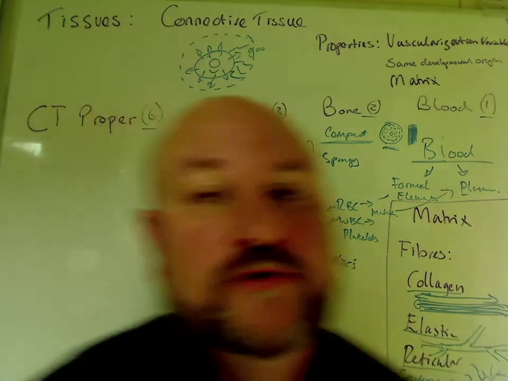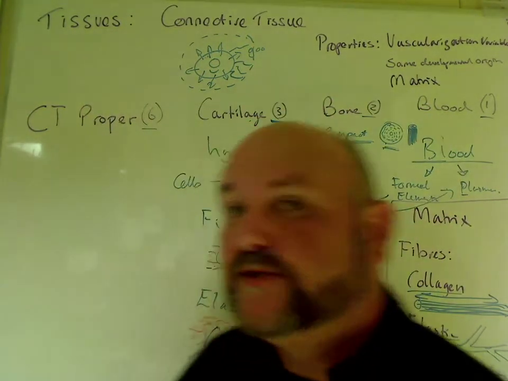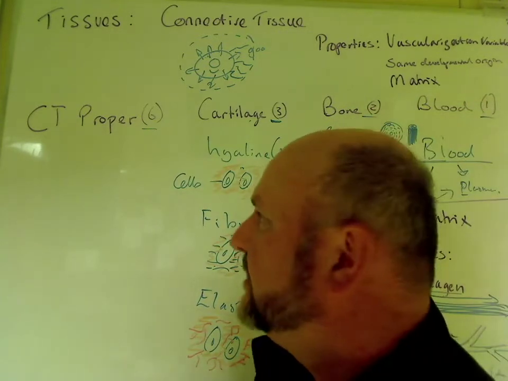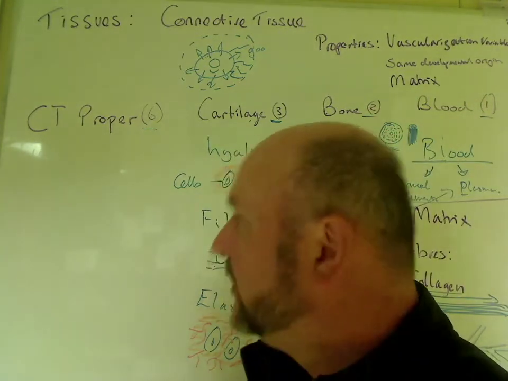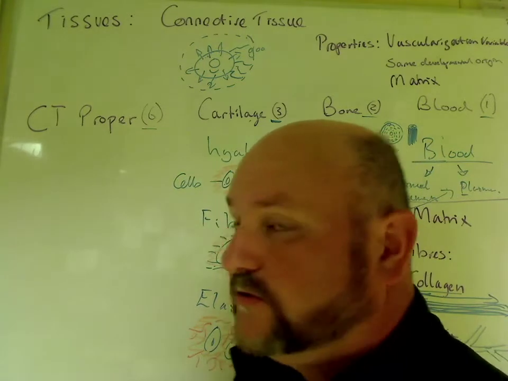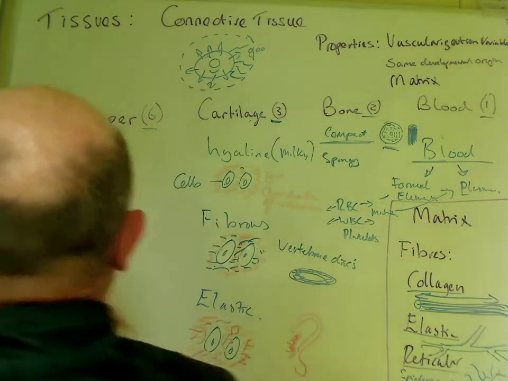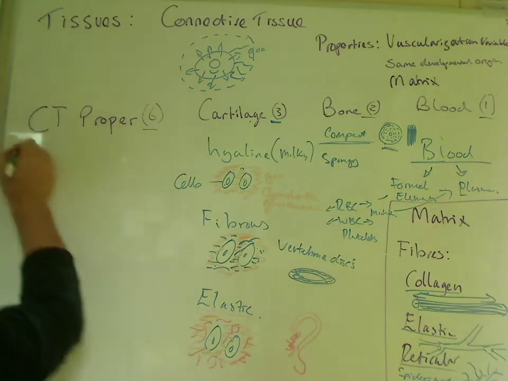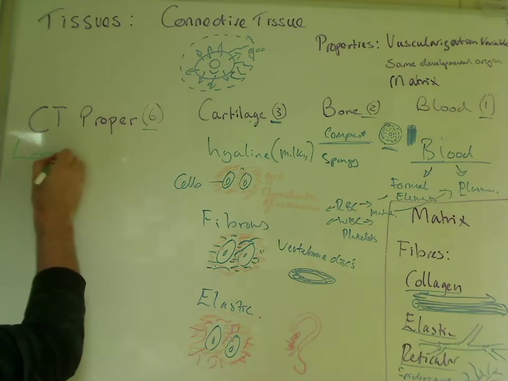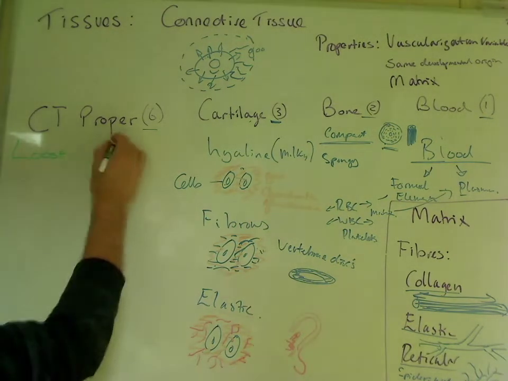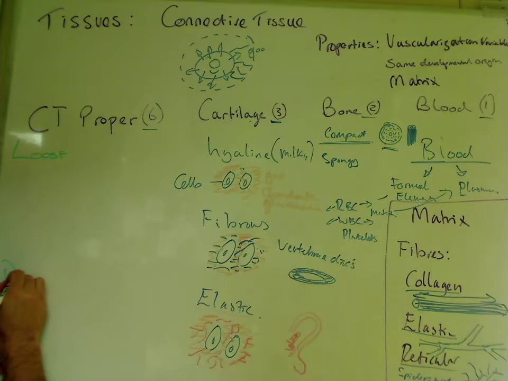Now, connective tissue proper, as I said, is broken into two groups, which makes it a little easier for us. So let's consider the two groups first. So connective tissue proper loose and connective tissue proper dense.